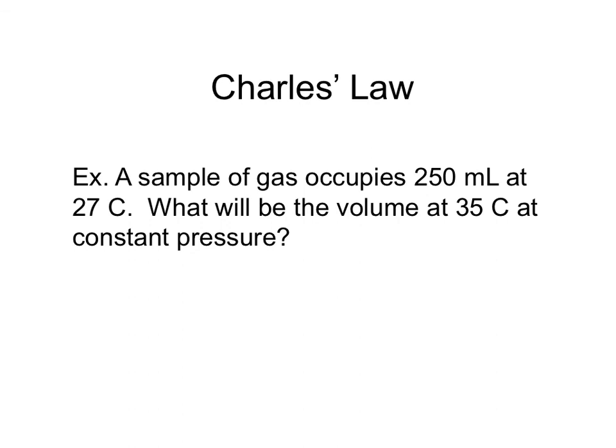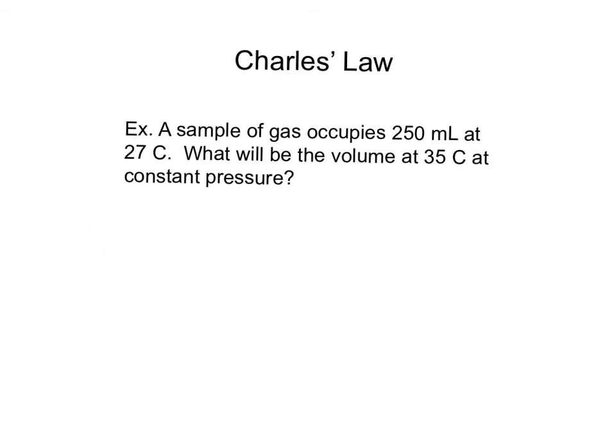All right, now we can do a quick calculation for Charles' law. So how do you know that it's a Charles' law problem? You want to look at what's constant, because you've got pressure, volume, and temperature. Which one of them is going to be constant? Then it should be the relationship between the other two.